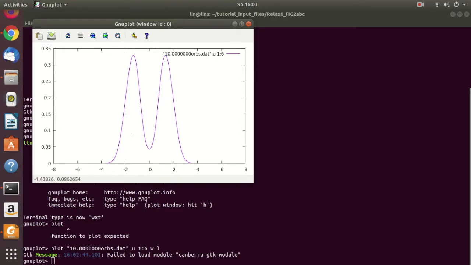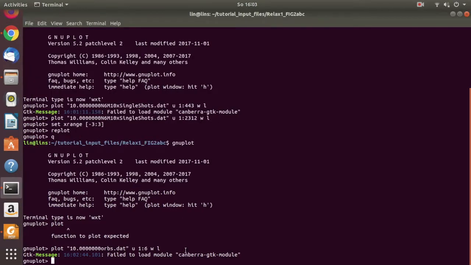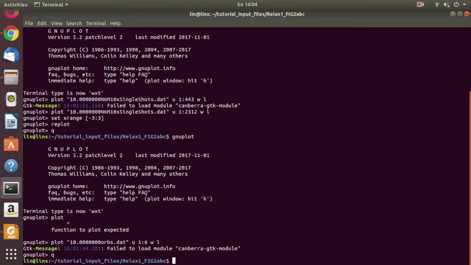When there are in total 6 bosons, there would be exactly 3 bosons in the left well and 3 bosons in the right well. So we can use the single-shot images to look at the correlations between the two wells.